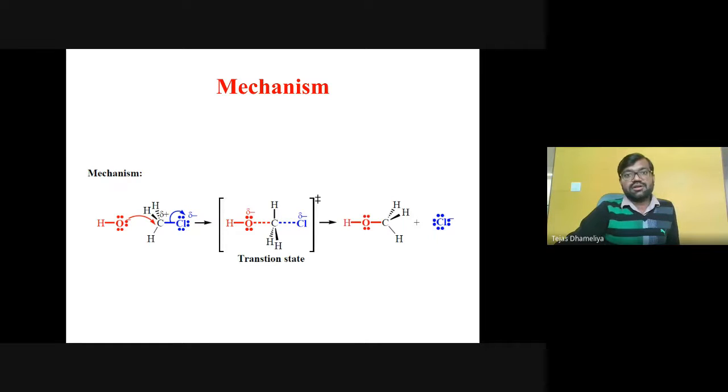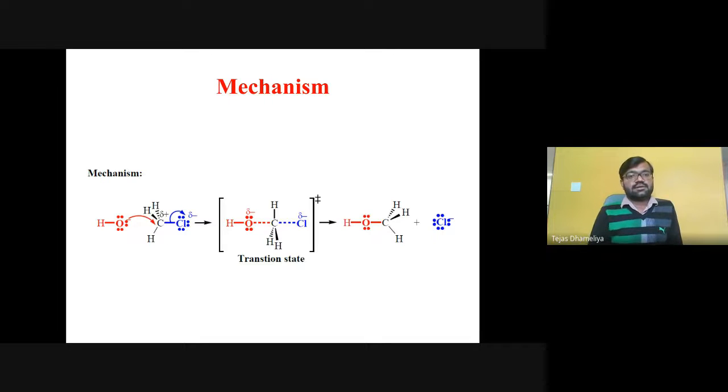You can call alkyl halide as well as OH minus. That's why this reaction is termed as second order reaction. Nucleophilic substitution bimolecular, SN2.